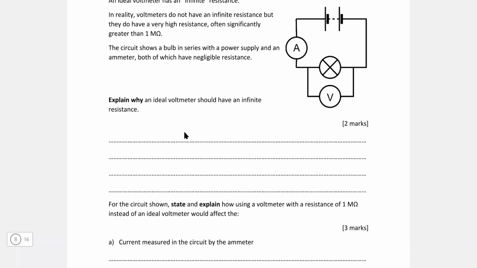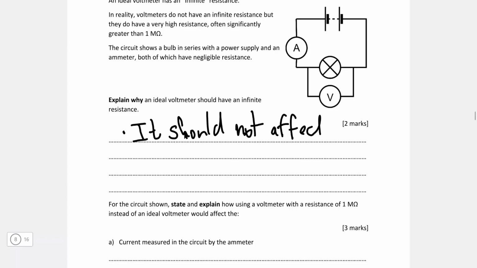Well, we don't really want it to affect the current, so this is one thing that we can add. So it should not affect the current. The idea here is that if I have some current which is going down here, unless the voltmeter has infinite resistance, the current will split into 2.